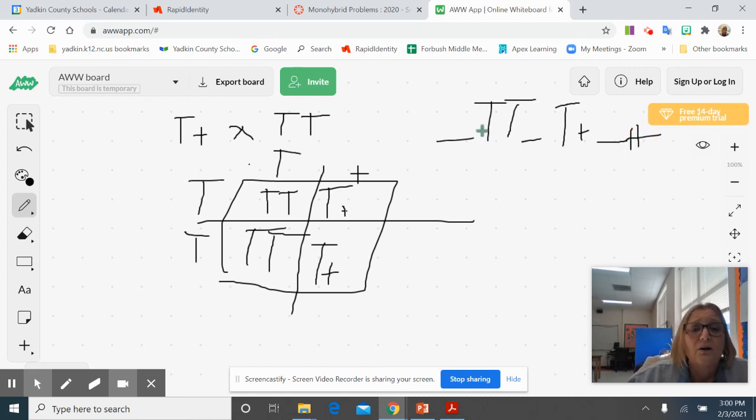All right. So, do we have any that are homozygous purebred tall? Yes, we have 2. Do we have any heterozygous hybrid tall? We have 2. Do we have any purebred recessive or short? That would be 0.